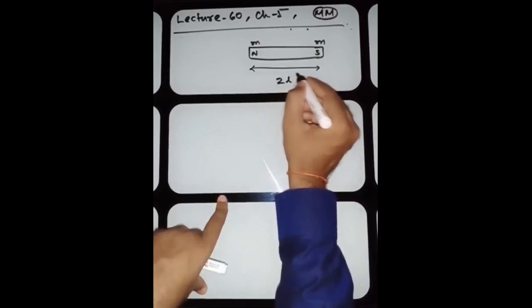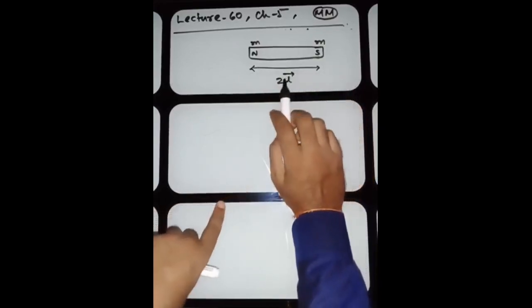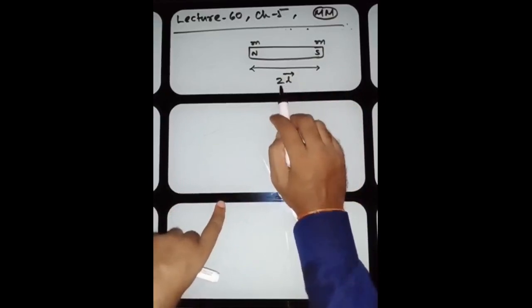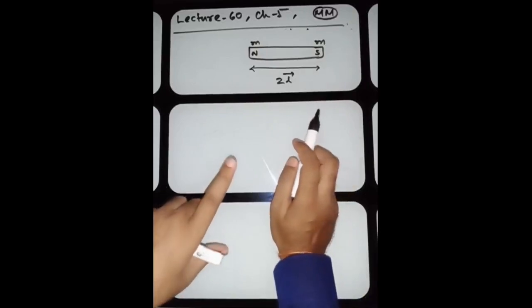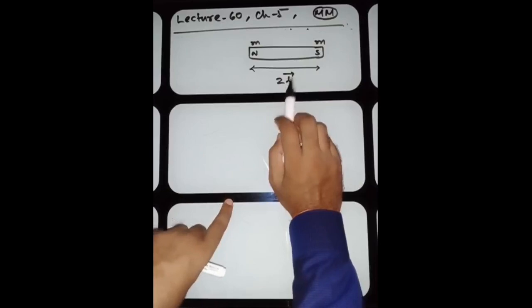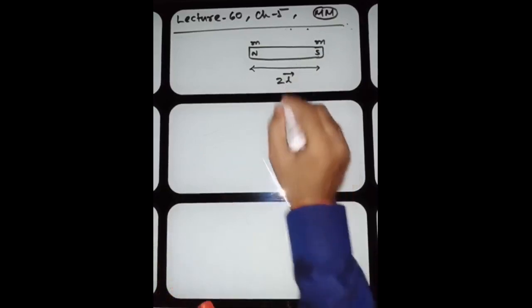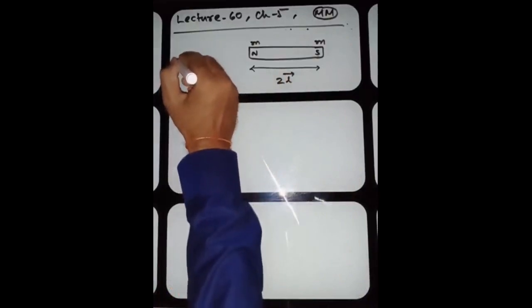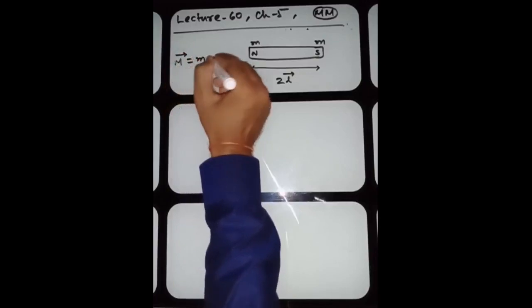For simplicity, so that the calculation will be easy, we used to represent it as 2L, so that from the center we can use L and L. But it is 2L, and this 2L is called the dipole length. So the magnetic dipole moment M is equal to M times 2L.